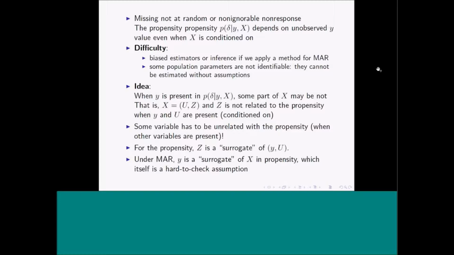And in many cases, the reality is that the thing is not ignorable. The main difficulty in this problem is that, first of all, if we don't handle it, and just treat it as if it's missing at random, then of course the estimates and the inference will be biased.